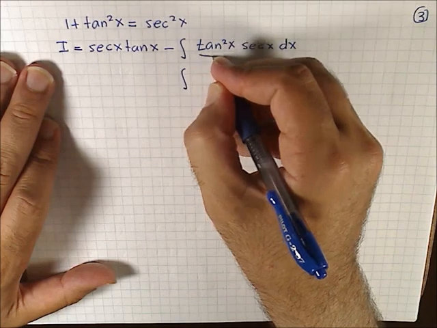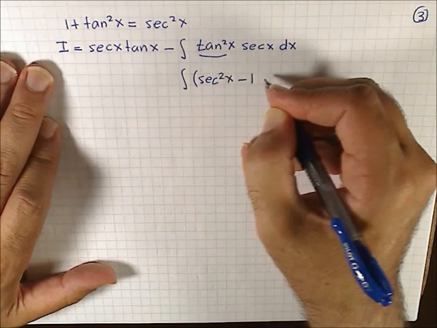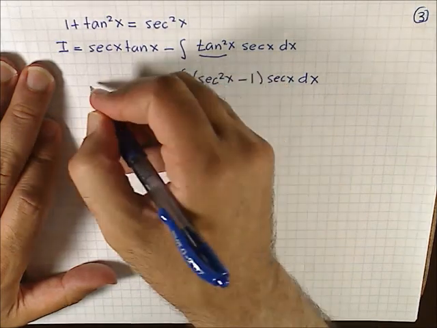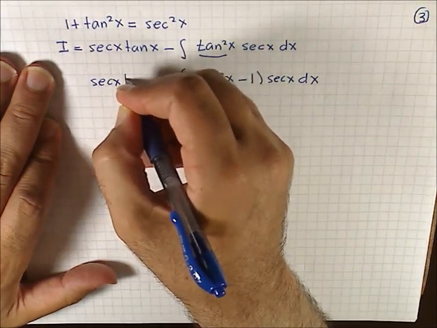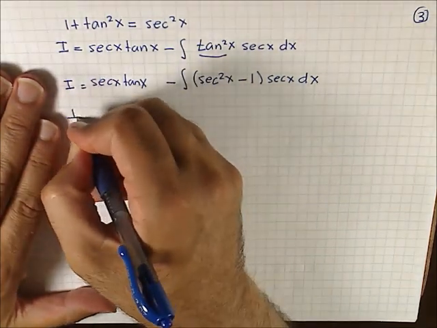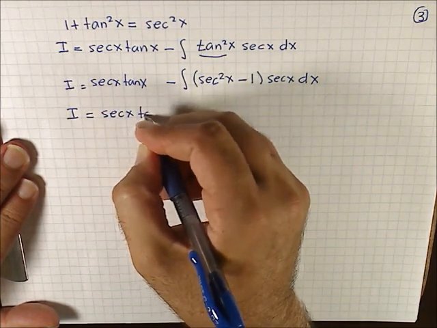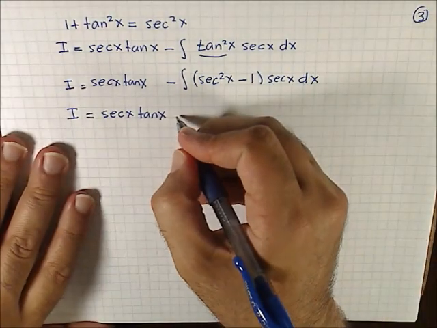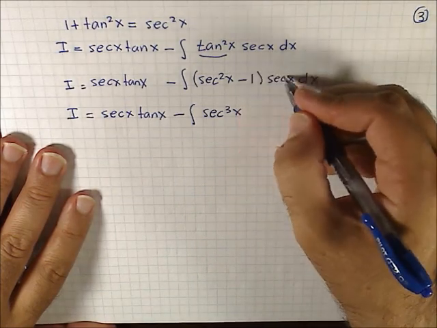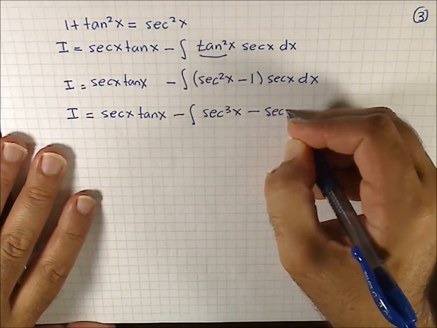Let's write tan squared x as sec squared x minus 1, times secant x dx. So we get I is equal to sec x tan x minus integral of (secant cubed x minus secant x) dx, multiplying sec squared by sec x and 1 by sec x.